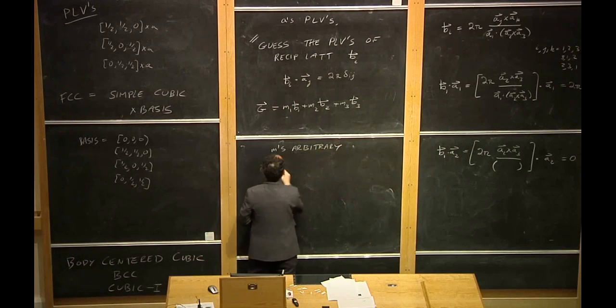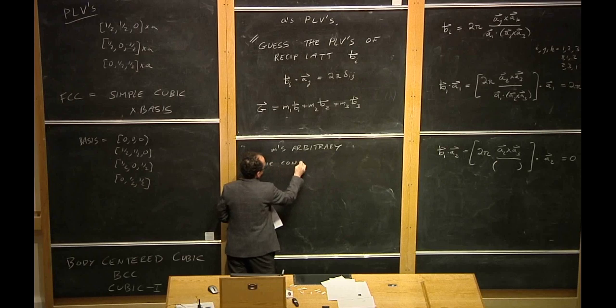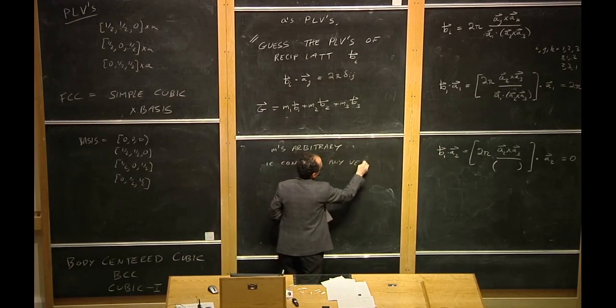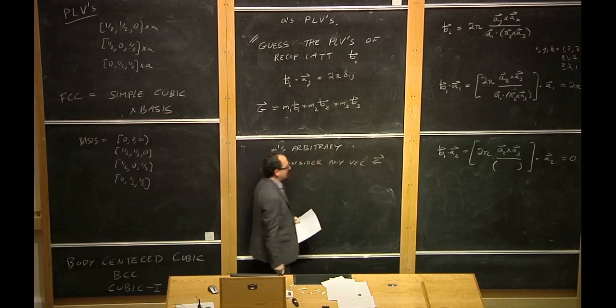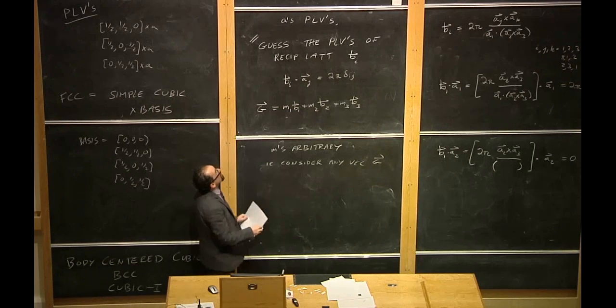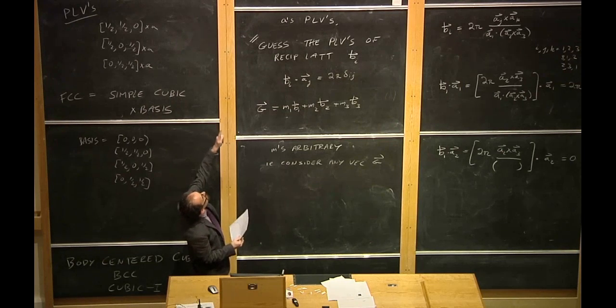That allows us to consider any vector G, not necessarily on a lattice. So I'm going to consider any possible G to begin with. Now, what we're going to do is impose the definition e to the i G dot R equals 1.